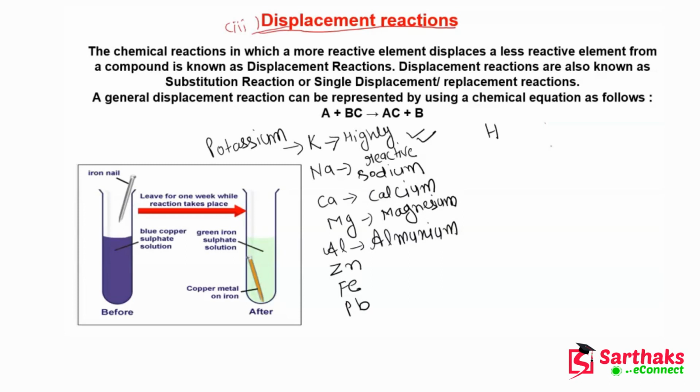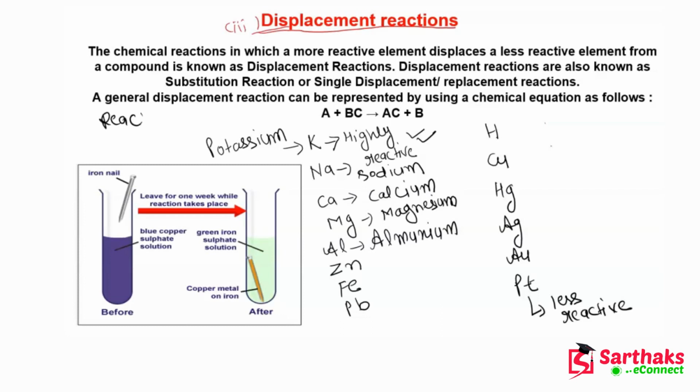Then hydrogen. Then copper. Then mercury. And then silver. Then gold. And then platinum. So here this platinum is less reactive. So basically this is called the reactivity series.